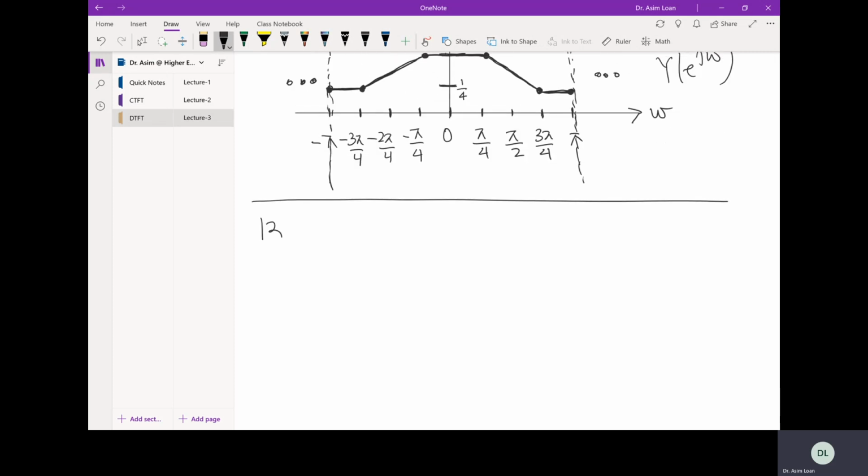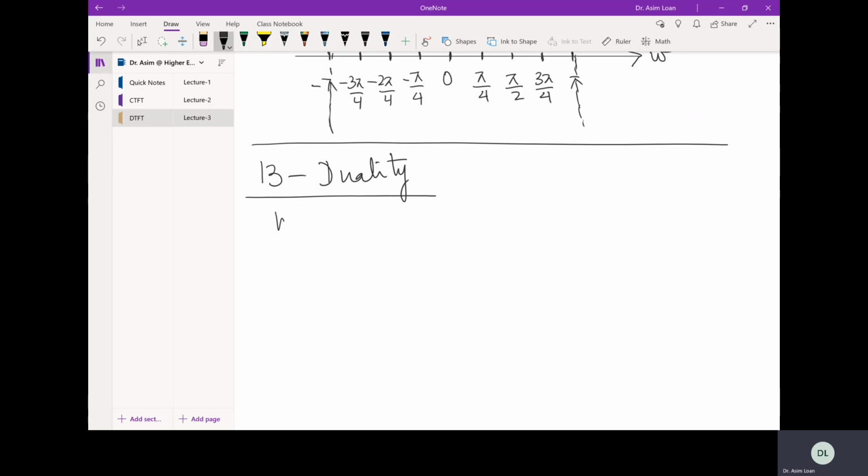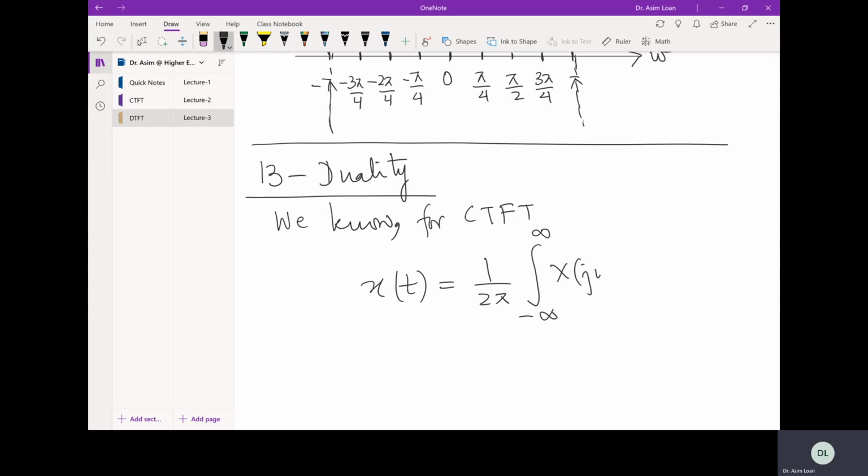Property 13 is on duality, and this is the last property of the discrete time Fourier transform. We know from continuous time, for the continuous time Fourier transform, x of t is 1 over 2 pi integral from minus infinity to infinity x of j omega e plus j omega t d omega, and we know x of j omega is integral from minus infinity to infinity x of t e minus j omega t dt.